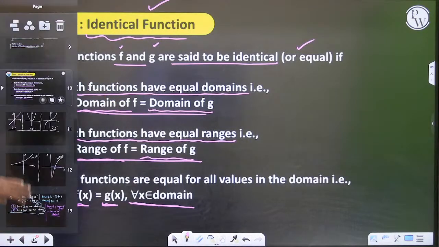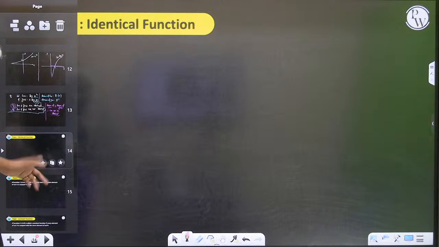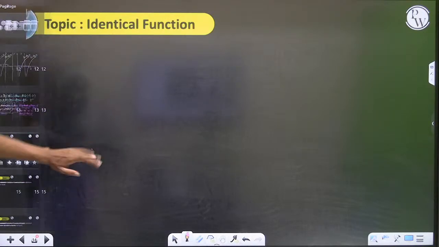Okay, let's move to the next concept. We are done with identical functions, first slide.